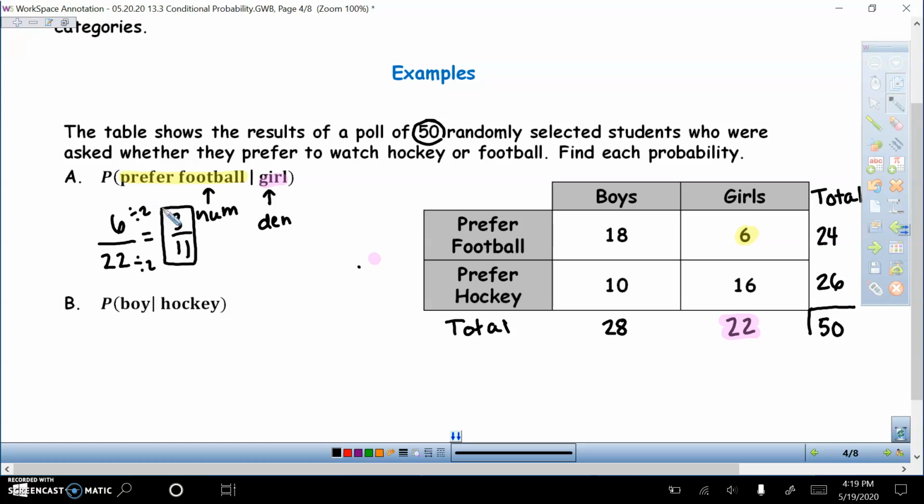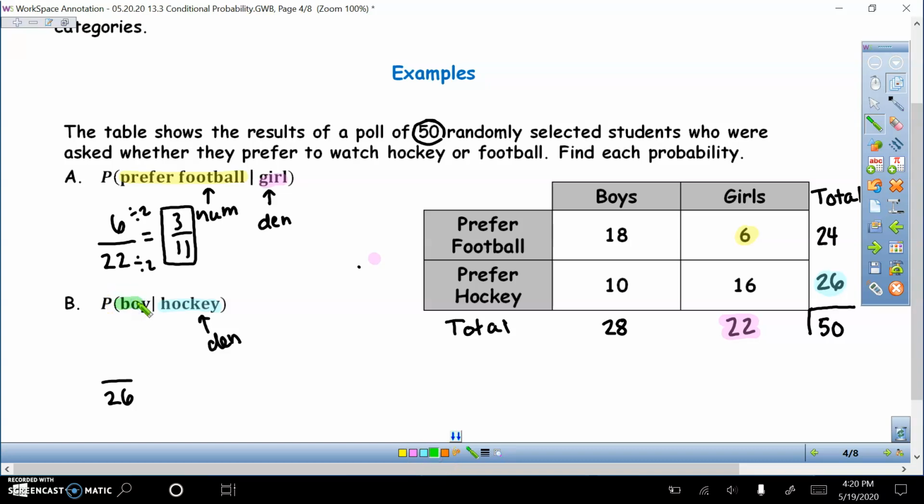The probability that they are a boy given that they like hockey. So hockey is going to be our denominator. How many people prefer hockey? I have 26 that prefer hockey, so that's my denominator. And then boys who prefer hockey is going to be my numerator.